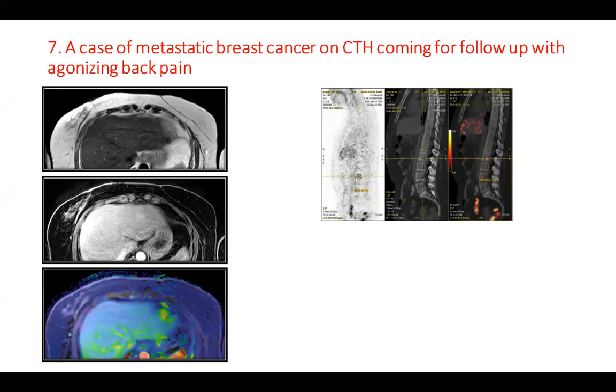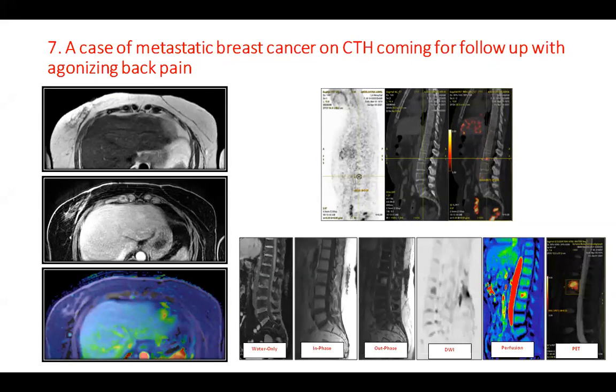And on the follow-up, a dedicated MR study, including in-phase, out-of-phase, diffusion, perfusion, and the fused PET data, showed this accentuated FDG uptake with the hyperperfusional state and the diffusion restriction. This is the in phase and this is the out of phase.